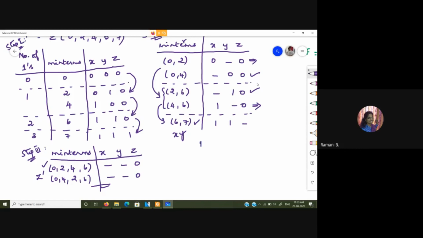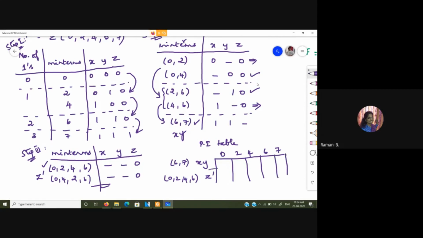Now with this, if you are going to write the prime implicant table, you are going to have 6 comma 7 with xy and 0 2 4 and 6 with z bar. The minterms that we considered are 0 2 4 6 and 7 for this example, right? As we have only two terms, here we cover 6 and 7, and here we have 0 2 4 and 6.